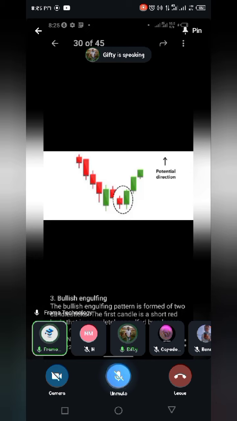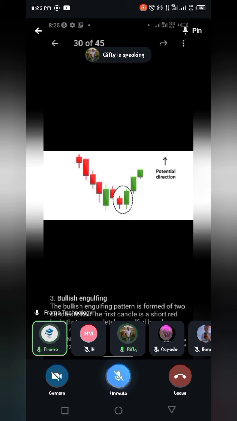But the body of the green candlestick will totally cover the previous red candlestick. And when this is formed at the bottom, we call it a bullish pattern. Therefore, the buyers will take over. So take note, this is called the bullish engulfing pattern.